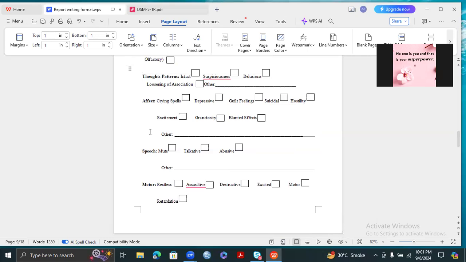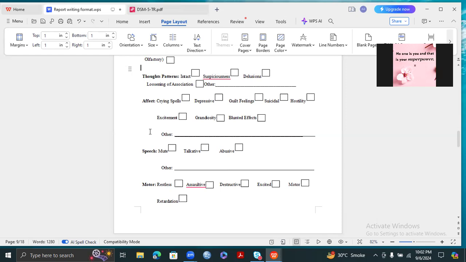Sometimes his prior thought is not very much connected to his next thought. In that case, you have to find that particular pattern and record that, right? If it's intact, you have to mark that in your record sheet here.